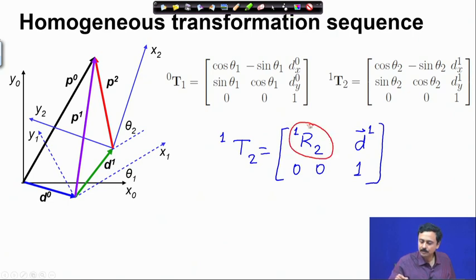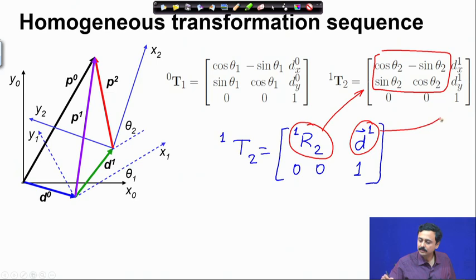So, this R from 2 to 1 is this matrix and d1 is this vector. So, that is the homogeneous transformation matrix 2 to 1.